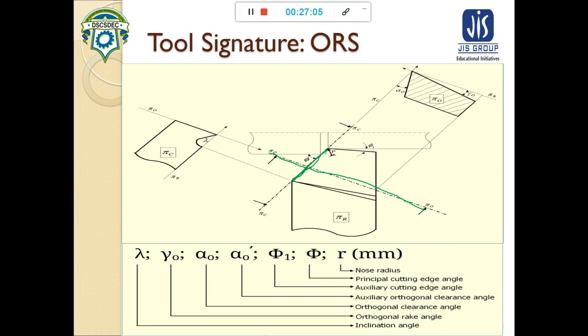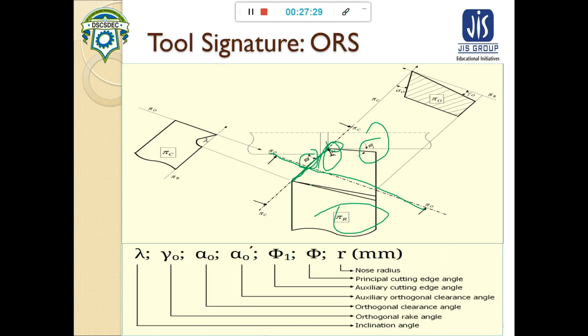That plane is known as the reference plane. This picture is drawn in the reference plane. In the reference plane we can see the principal cutting edge, the auxiliary cutting edge and the nose radius. These three things we can see in the reference plane.